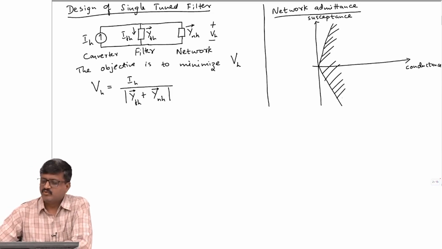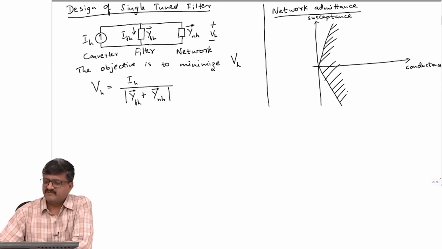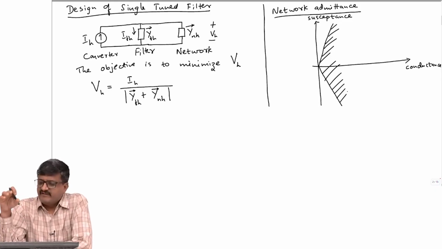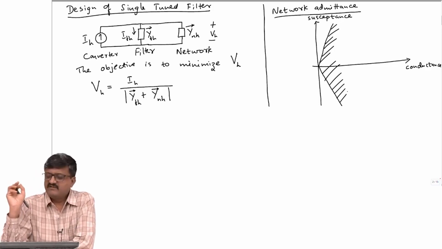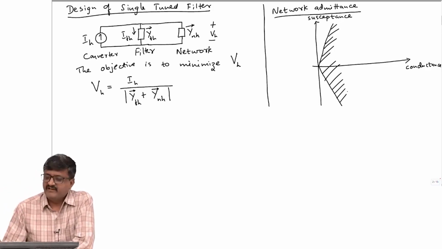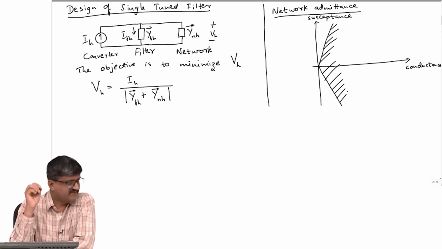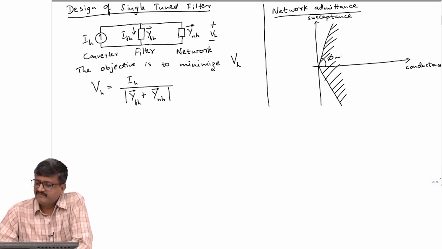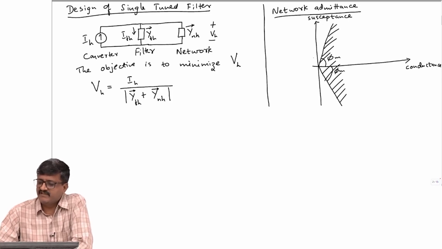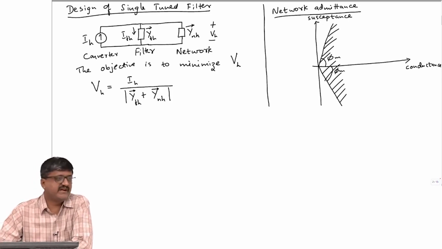So, there are two straight lines passing through the origin. If I take the intersection of the areas to the right of these two straight lines, then the network admittance will lie in this area. Okay. So, this angle is called phi m. Similarly, the angle here is also phi m. The two straight lines make an angle of phi m with respect to the conductance axis.